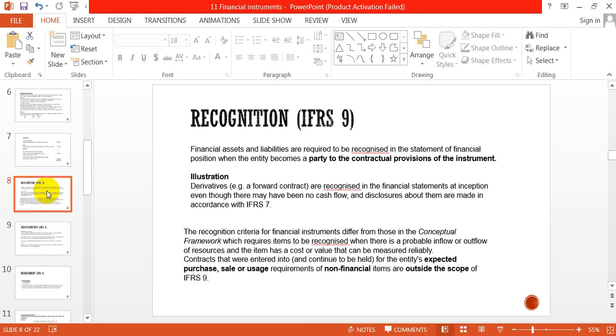Remember the other criteria? The recognition criteria we looked at before in the other standards requires that you recognize an asset when it is probable that there will be an inflow or outflow of resources, and the cost of the item can be measured reliably. Distinguish these two for financial instruments.